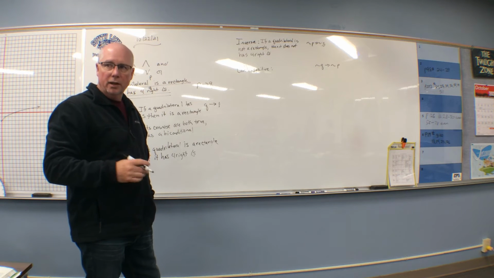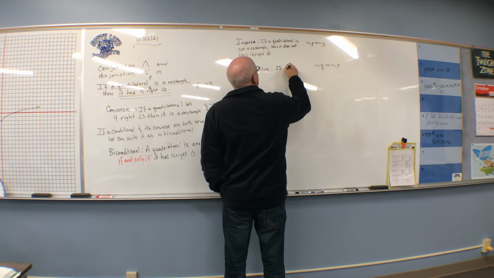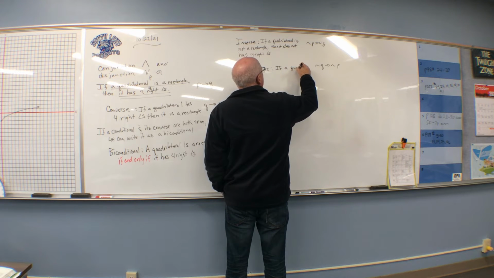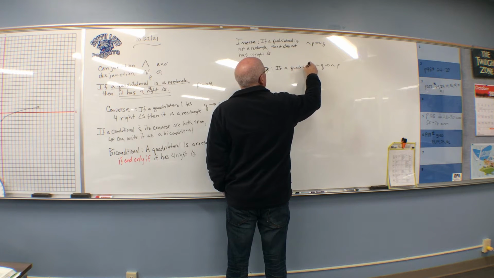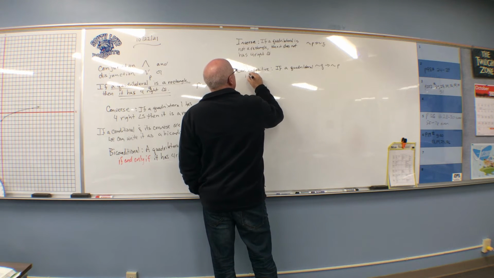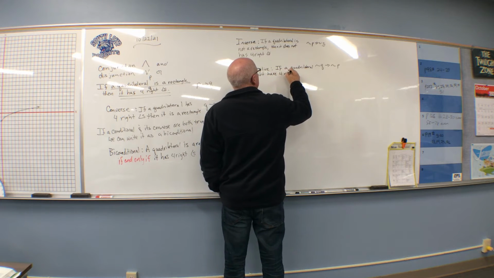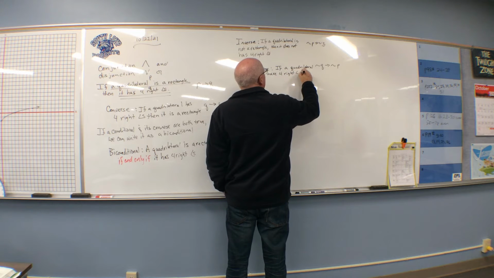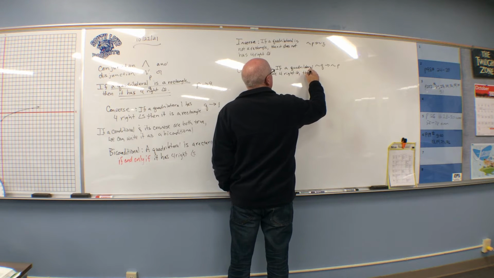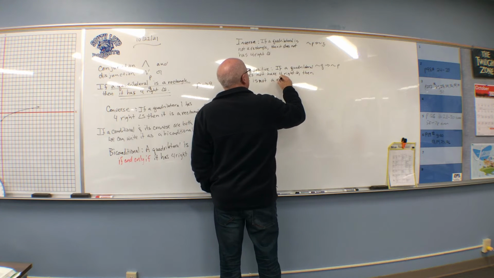So it looks like this. If a quadrilateral does not have 4 right angles, then it is not a rectangle.